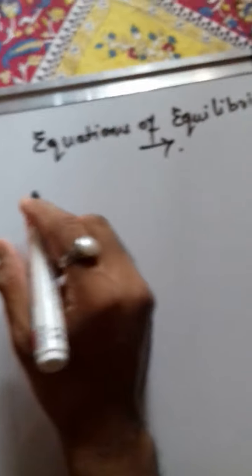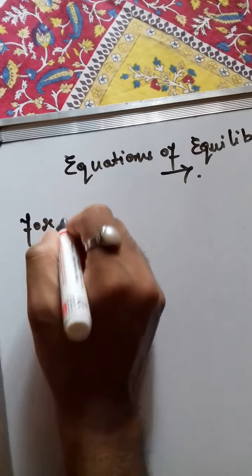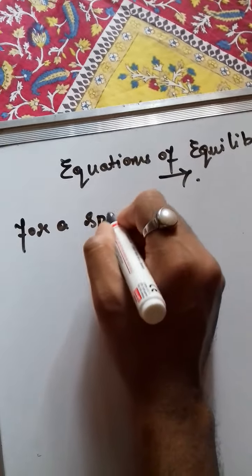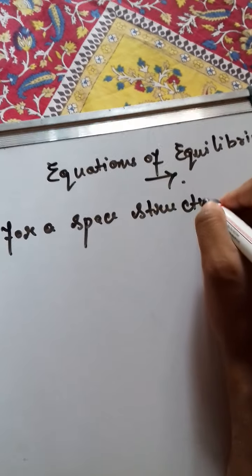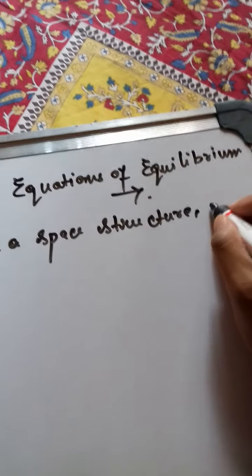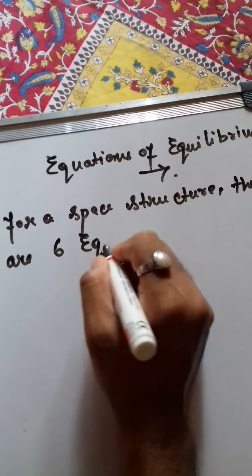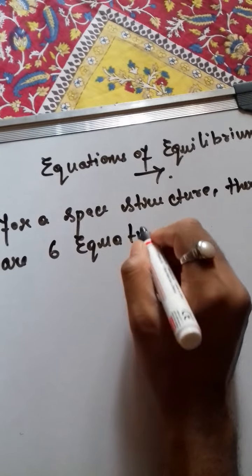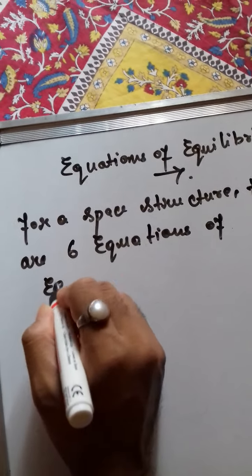Now we know that for a space structure, there are six equations of equilibrium.